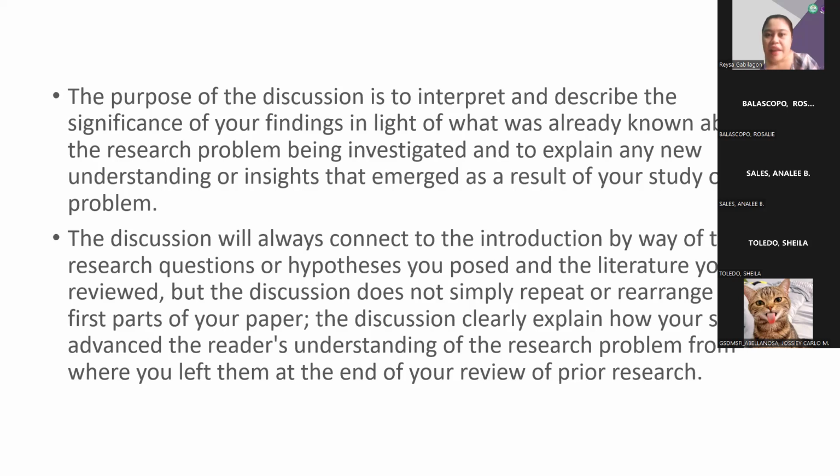Okay, now in writing the discussion section, it is always connected with the introduction. Just like the result, you have to arrange the discussion based on the SOP. Okay? So, di ba yung arrangement of the results in the results section is based on the arrangement of SOP.